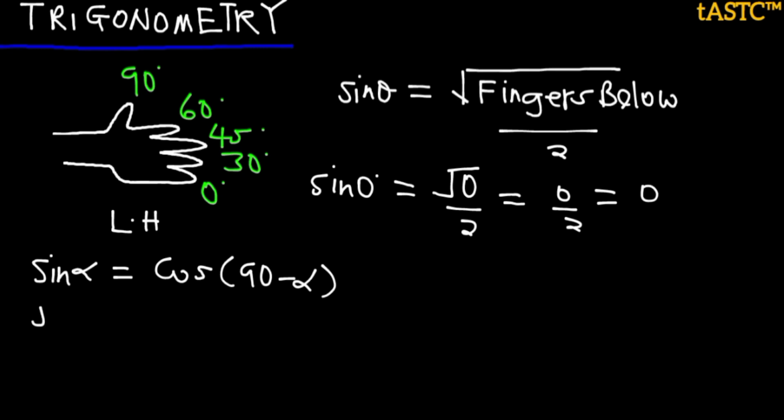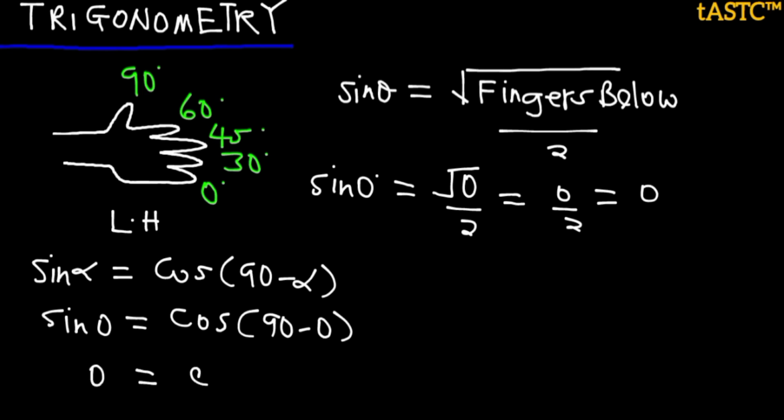So if I had a sine 0, this is equal to cosine 90 minus what we called the alpha here, which is a 0. And this is actually equal to 0. But on this side, we're going to have a cos 90. So I think I'm just going to rewrite this. So this is a sine 0, and here we're going to have a cos 90.